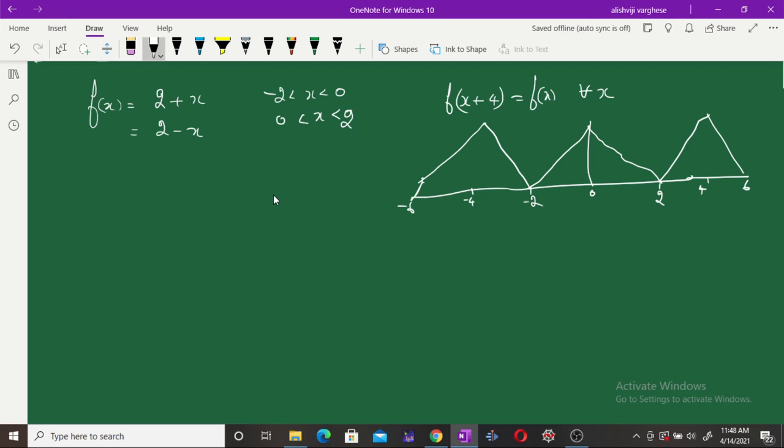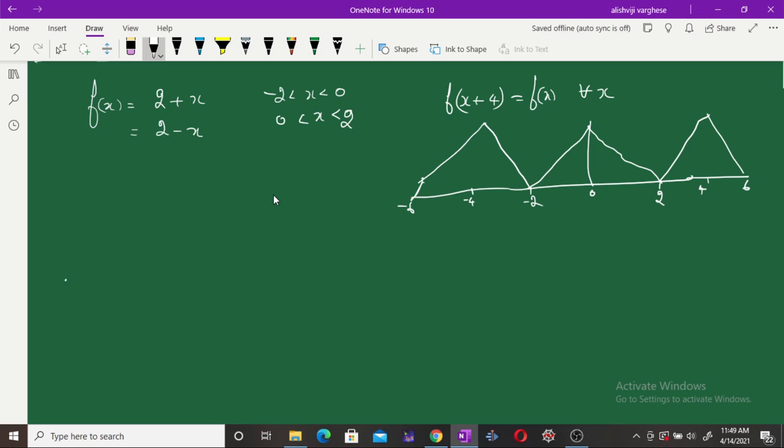This is represented by f of x is equal to 2 plus x for minus 2 to 0, and 2 minus x when 0 less than or equal to x less than or equal to 2. We can represent this as a Fourier series expansion, and here L is equal to 2.